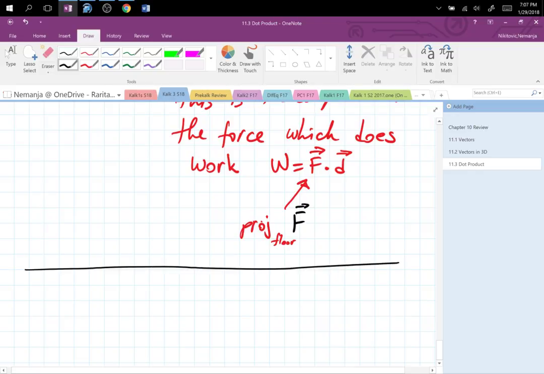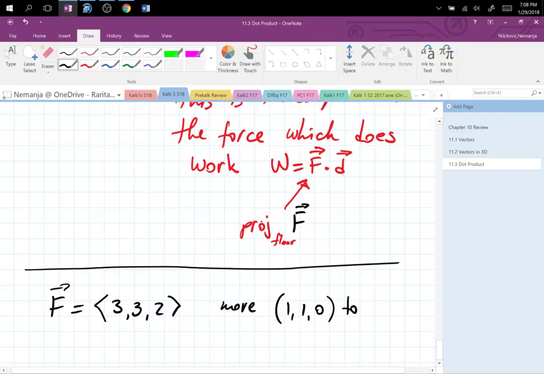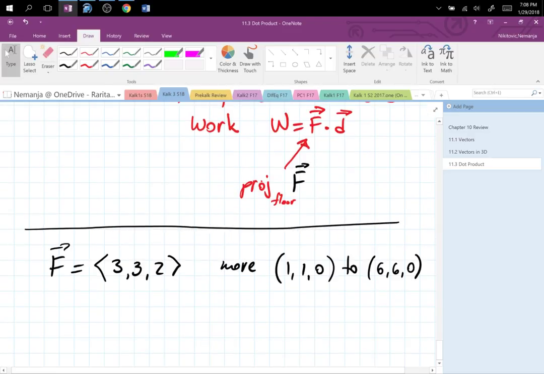So they say a force F in three-dimensional space is given as (3, 3, 2). And you need to move something from point (1, 0, 1) to point (6, 6, 0)?